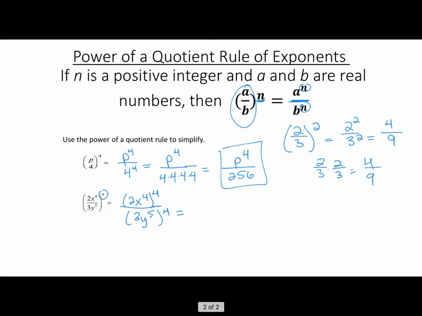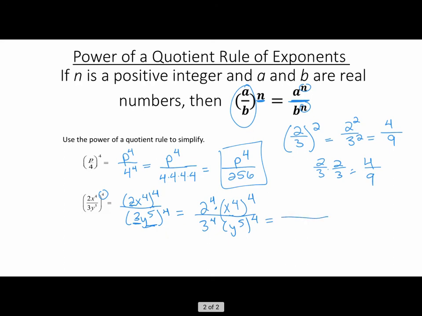So then we have to use the product to a power rule, because in the numerator we have a product. We have 2 to the fourth power times x to the fourth power. Each part of the product gets that power. Same thing in the denominator. We have 3 that gets that power and y to the fifth that gets that power.